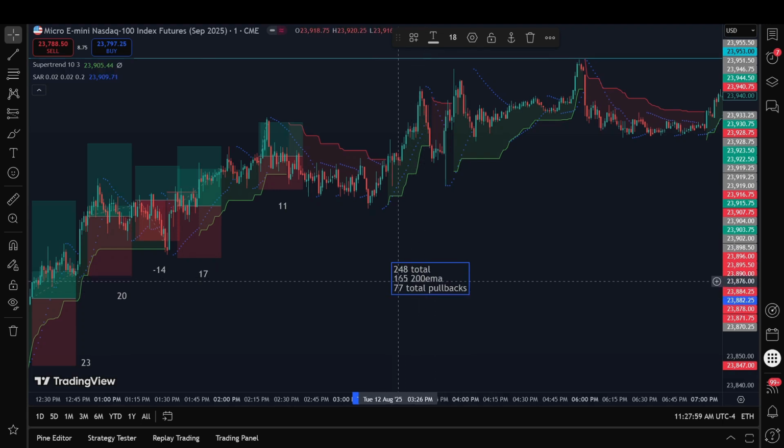Using the 200 EMA, no against the trend moves, and then 77 total points with the pullbacks. So still a great day of trading for 77 points, and even the 165 is the sweet spot here, the 200 EMA.